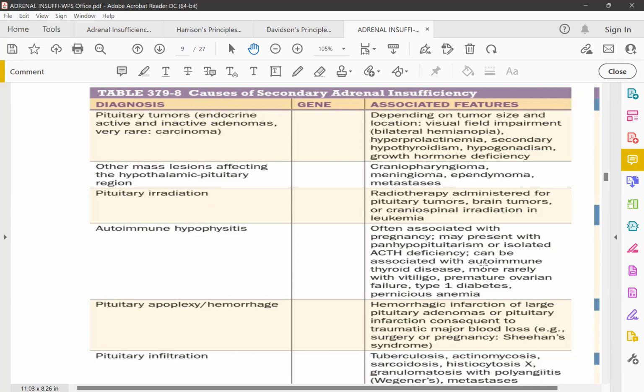If the treating doctor does not know how to taper properly and suddenly withdraws steroids, the adrenal gland has not taken over, ACTH is not produced, and the patient goes into acute adrenal crisis. That is why when you use long-term steroids, you have to always reduce in a stepwise manner.